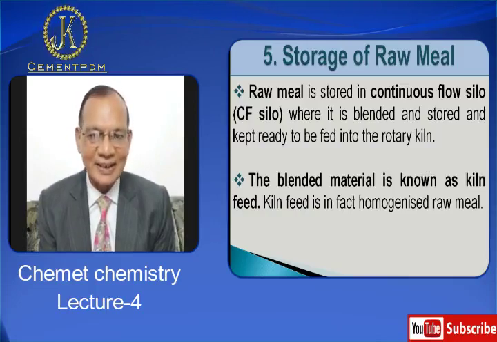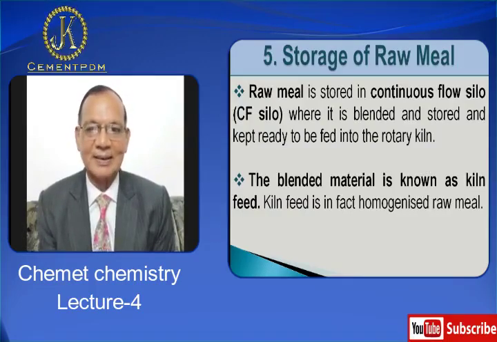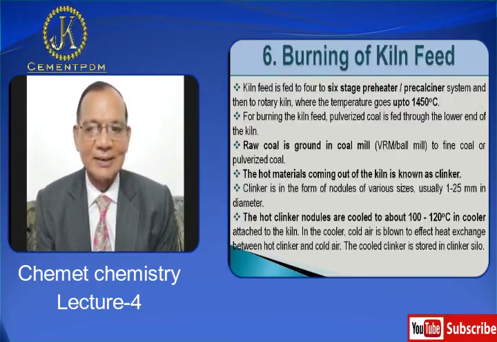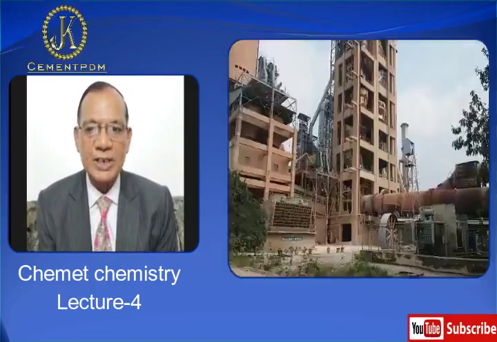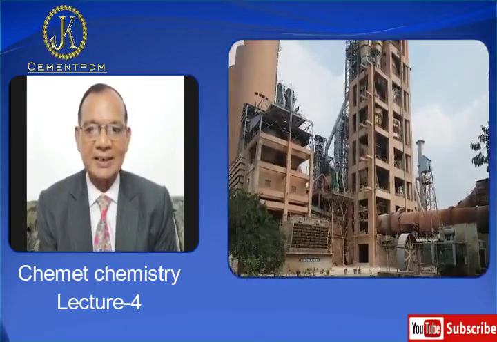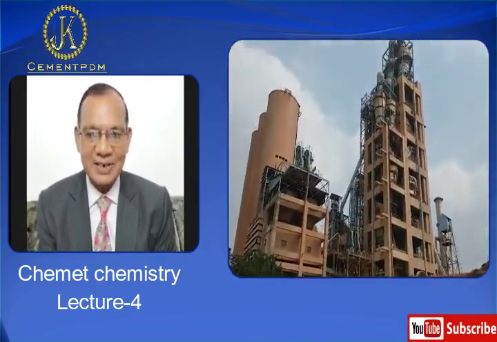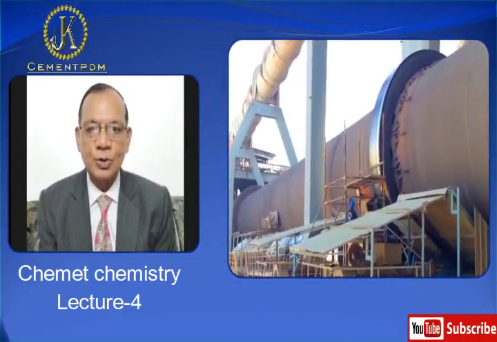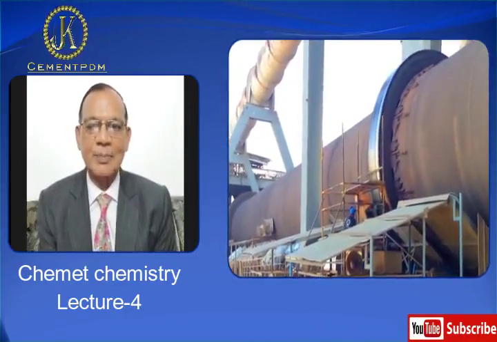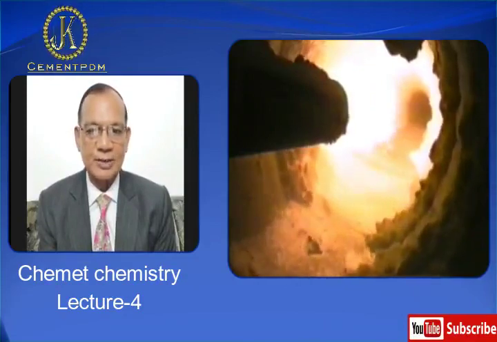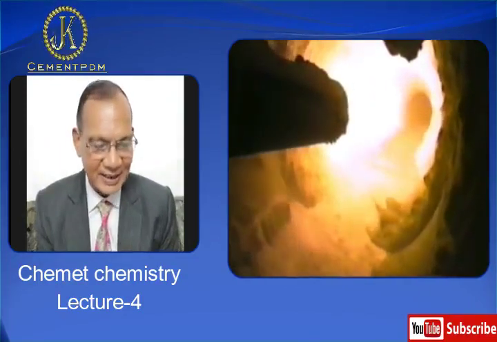Kiln feed is nothing but homogenized raw meal. Next step is burning of kiln feed. Kiln feed is fed to 4 to 6 stage preheater and pre-calciner system, and then to rotary kiln, where the temperature goes up to 1450 degrees centigrade.